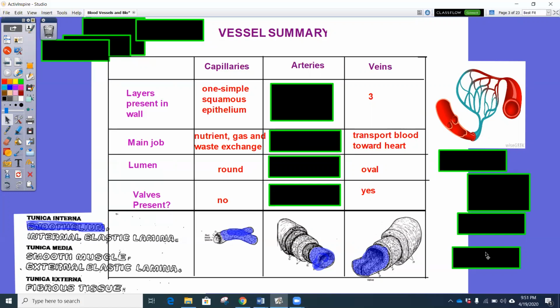And if gravity's taking a hold of that blood, the purpose of that valve is to give yourself little checkpoints, or little stopping points, to where when muscles contract around those veins, if you wiggle your toes or walk around, the muscles around the veins will squeeze and contract and will push blood a little bit further back towards your heart. Instead of the blood falling all the way back down when gravity takes a hold of it again, or when those muscles aren't contracted, the valves will hold it in place.